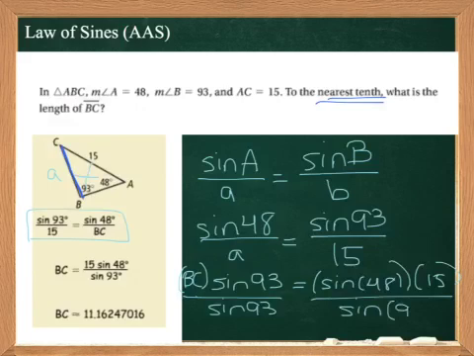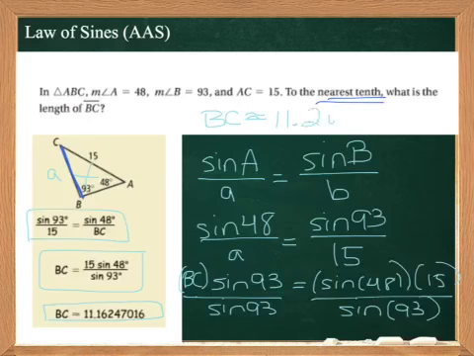We plug all of this into our calculator. We get that BC is approximately 11.16 and so on, but it asks for our answer to the nearest tenth. So BC is approximately 11.2 units long.